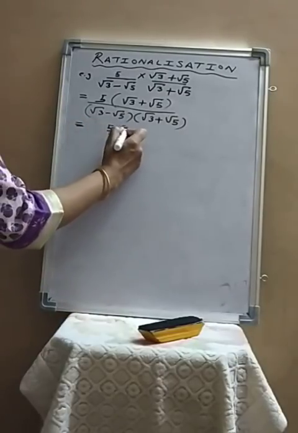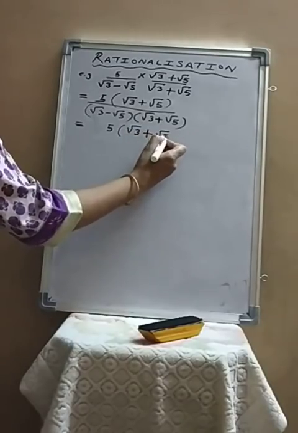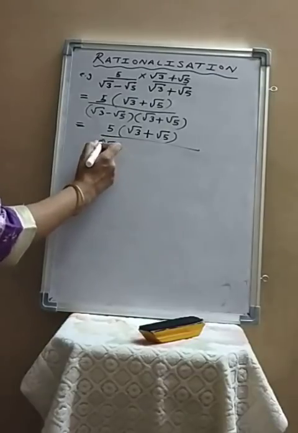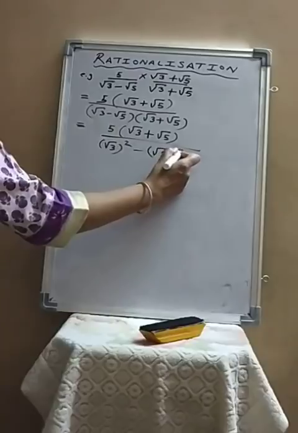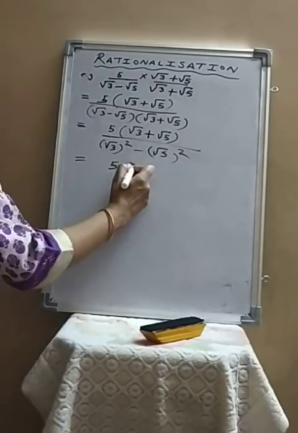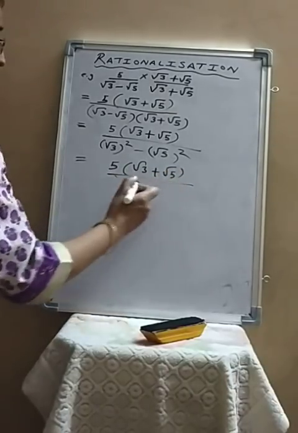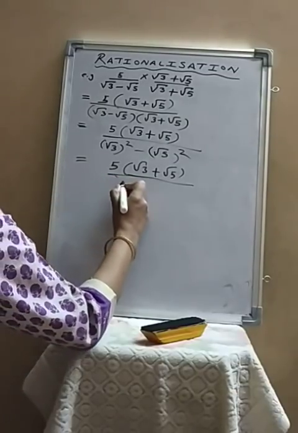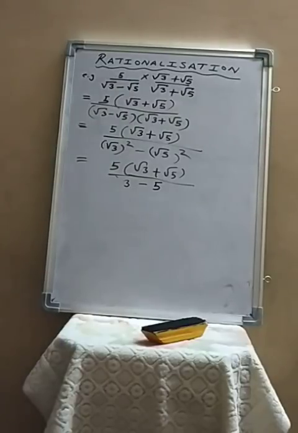Let us write the numerator again: root 3 plus root 5, and in the denominator I have root 3 square minus root 5 square. Let us move on to the next step. Numerator is same and in the denominator we have root 3 square is 3 minus root 5 square is 5.